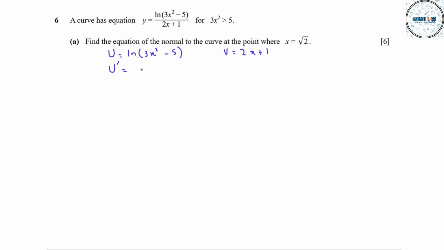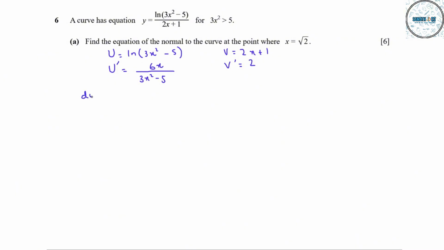u' is, when we differentiate ln(3x² − 5), we have 3x² − 5 in the denominator and the differential of this bracket in the numerator, which is 6x. v' is 2.